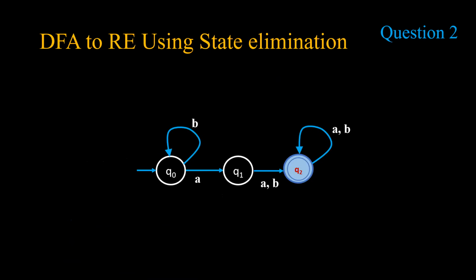Coming to the next question, in this we have states Q0, Q1 and Q2. Q1 is the intermediate state, so we need to remove this state.